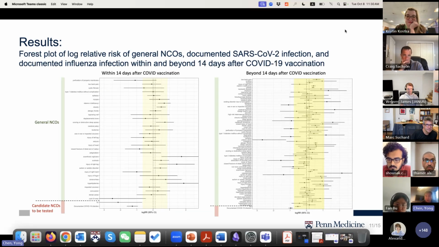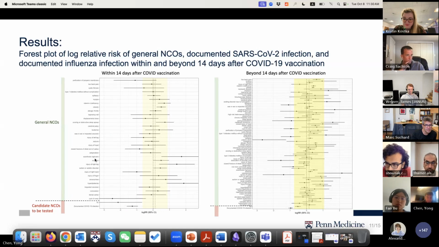So one of the things we did was to use this forest plot to visualize the estimated protection against the general NCOs. For example, here is the acute injury or the ingrowing nail, and we also have some other acute injuries, acute injury of finger, and those types of outcomes are less likely to be associated with the COVID vaccine, right?